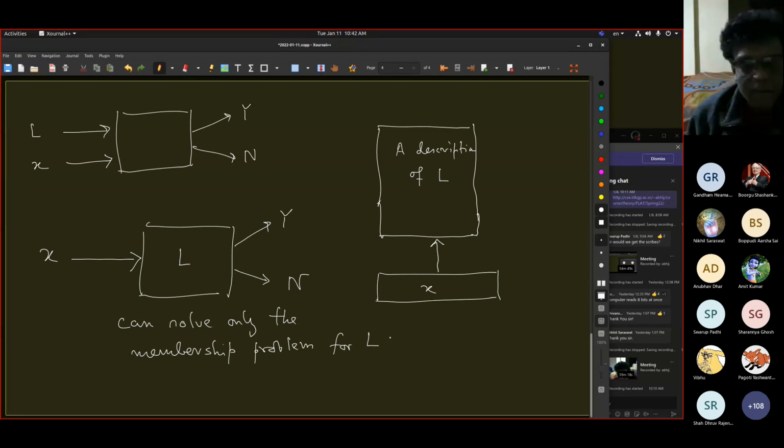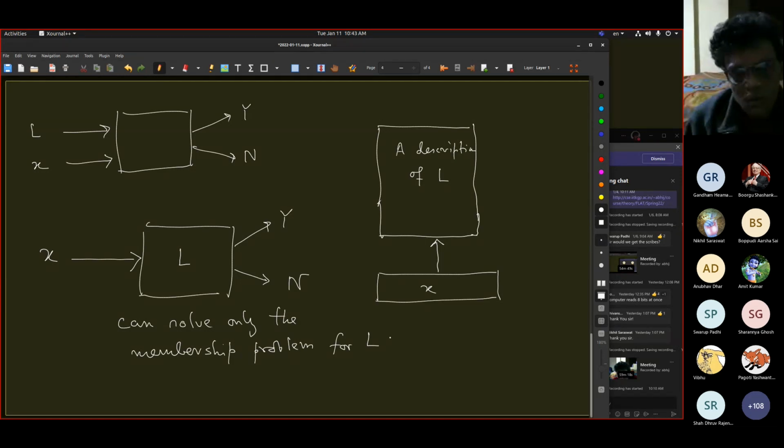That means I have one machine for primality testing, one machine for, let's say, connected graphs, one machine for palindrome checking, and so on. But our computers are not like that, right? If you want to check primality, you write a C program for it, compile it, run it.